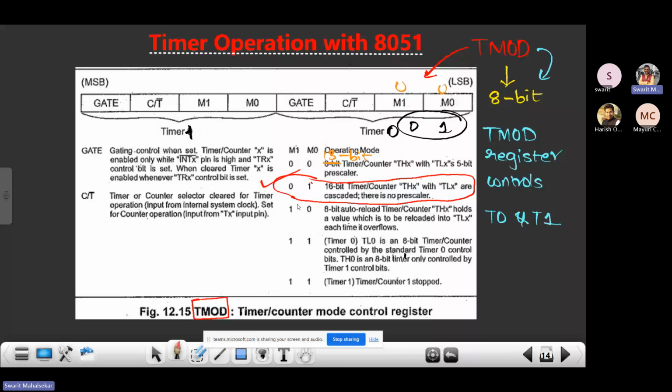Generally, with the 8051 microcontroller, mode 1 and mode 2 are the most preferred modes, and the others are not that much preferred. But we are going to use the 16-bit mode, that is mode 1, which means we use all the 16 bits present inside the timer.